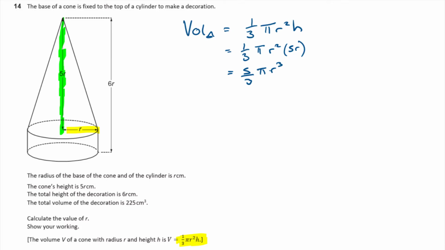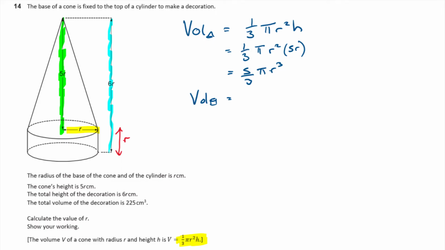Now let's have a think about the cylinder. Volume of the cylinder. Okay, what's that then? Well, what is the height of the cylinder? We know the height of the cone is 5r, so if the total is 6r, then the cylinder is going to be 6 take away 5, so it has a height of r, isn't it?